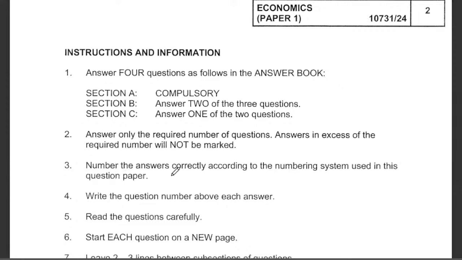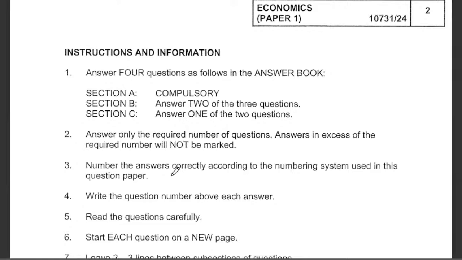question paper. So now what I've actually observed is that most of you guys, grade 12s, you love mixing answers or questions. You'll find one has started answering section A, question 1. Then after question 1, she or he jumps onto section C, now answering the essay question.